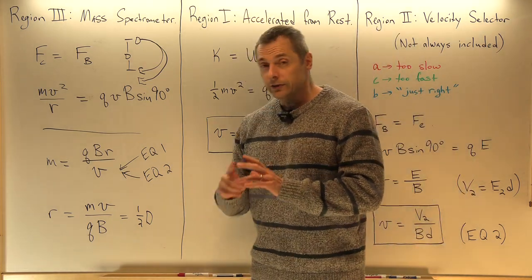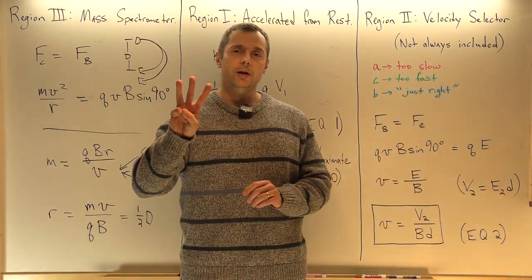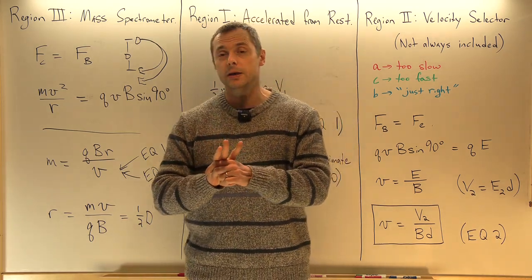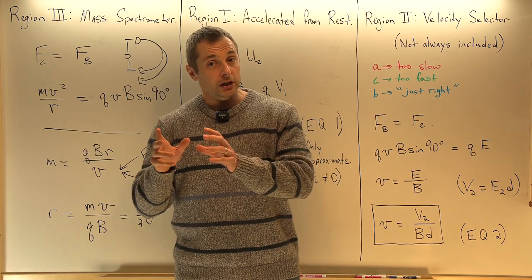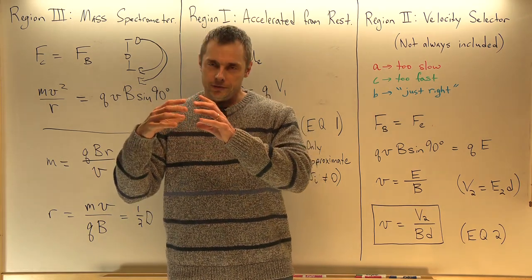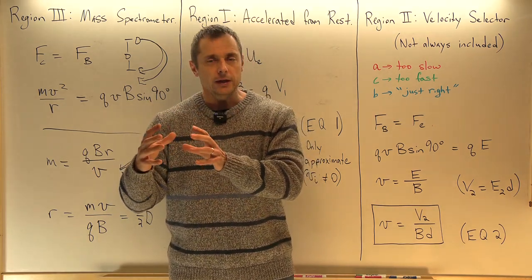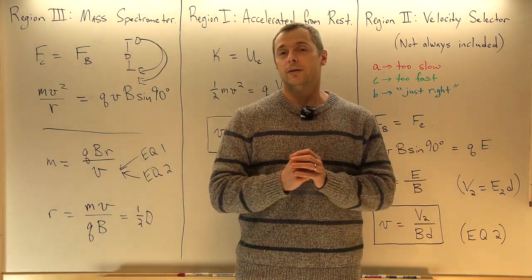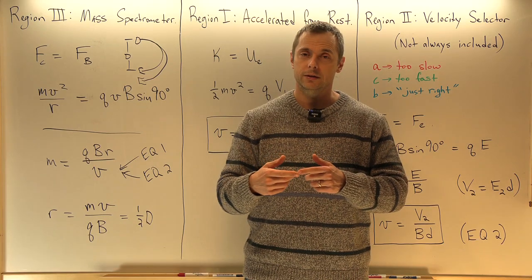So again, I just want to emphasize 3 regions in the kind of problems you'll encounter on the AP. Region 1, energy conservation. Electrical potential energy QV equals kinetic energy, 1/2 mv squared, and you solve for the speed.